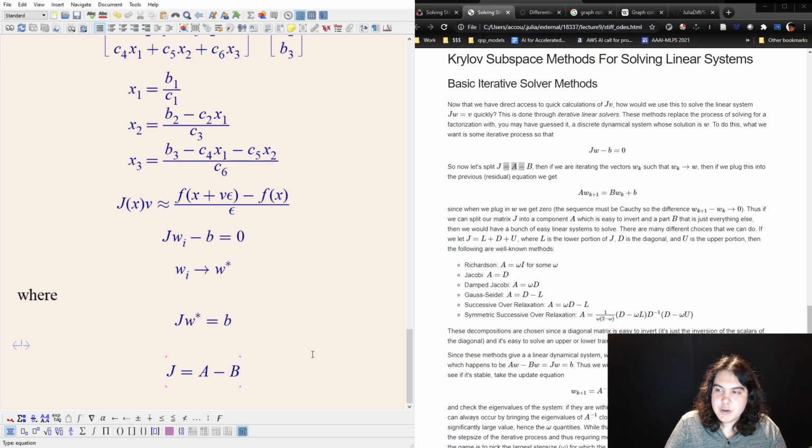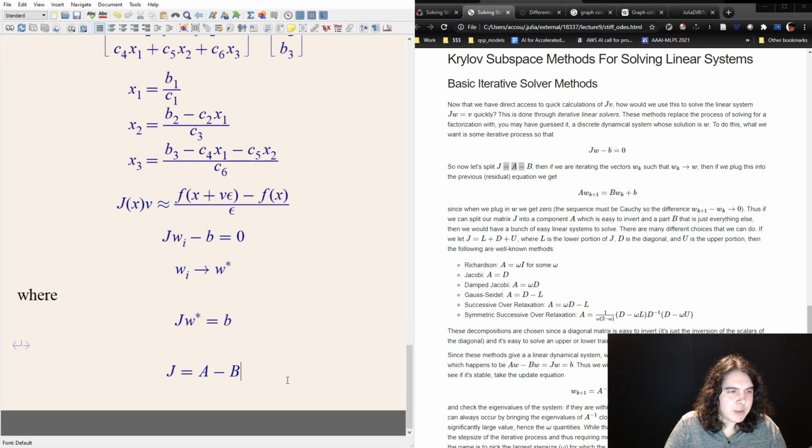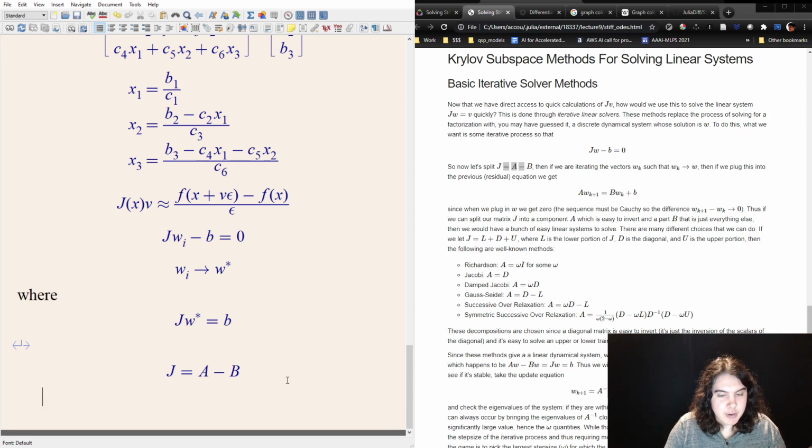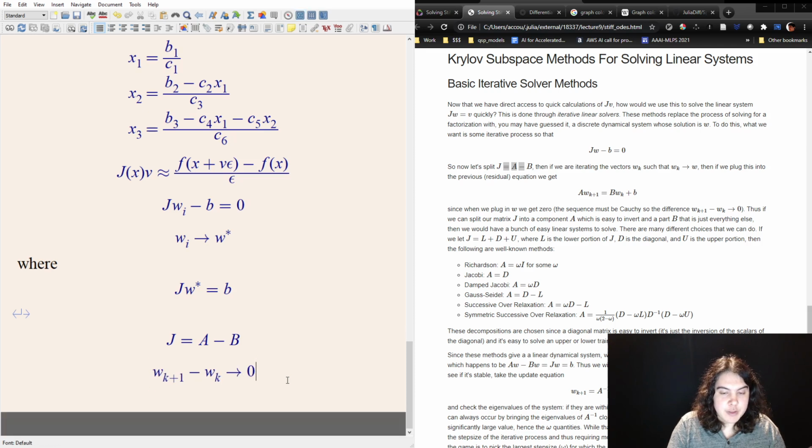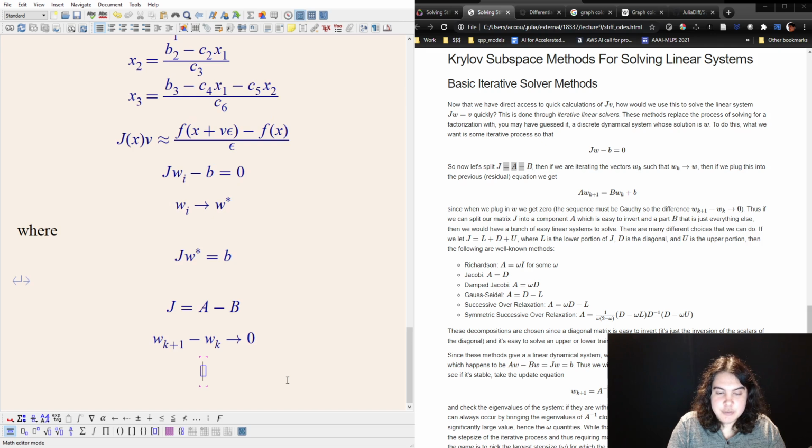Let's think about this another way. If you have things converging, if things converge, then w k plus 1 minus w k should be going to 0 as k goes to infinity.